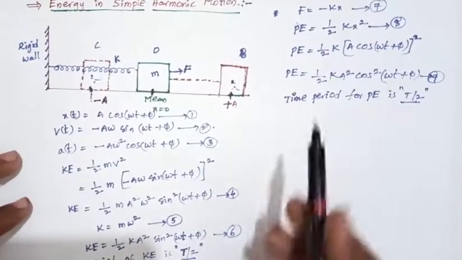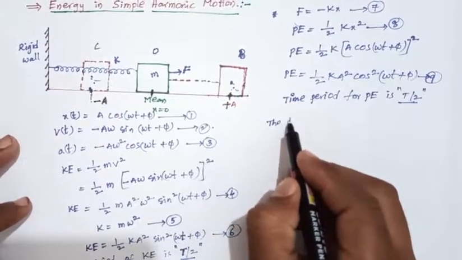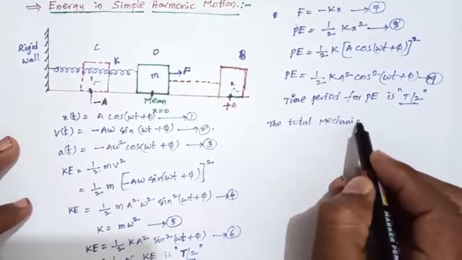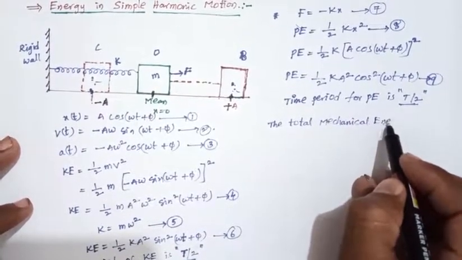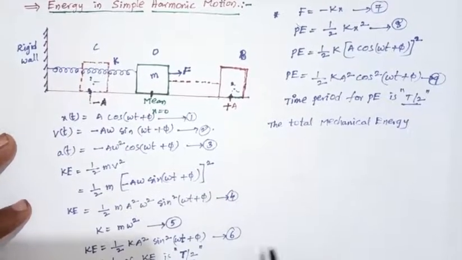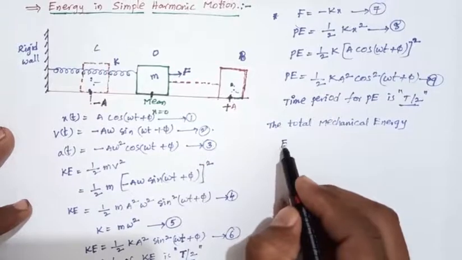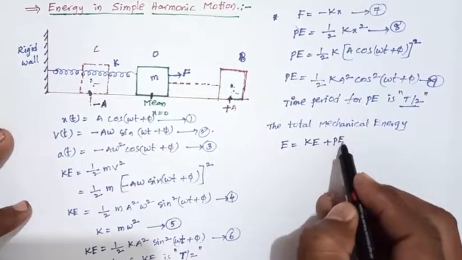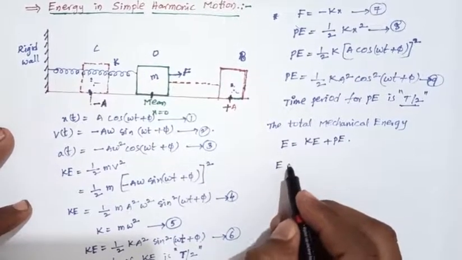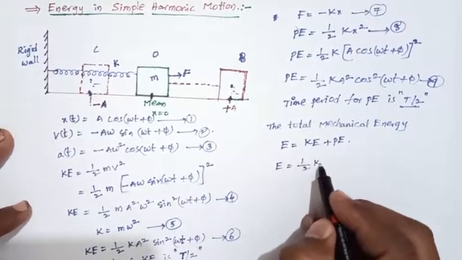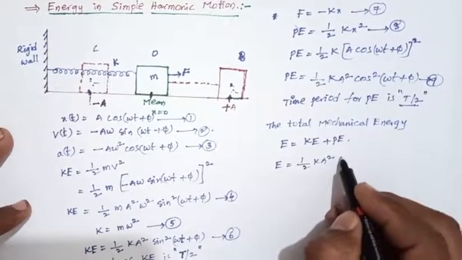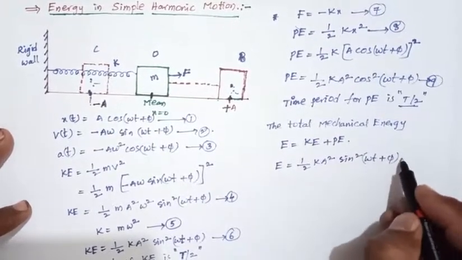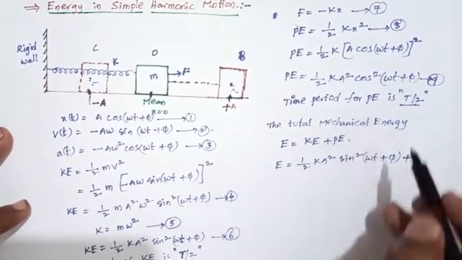So next, the total mechanical energy. The total mechanical energy equals kinetic energy plus potential energy. So what is kinetic energy? Kinetic energy is half k a square sin square (omega t plus phi) plus, what is potential energy?